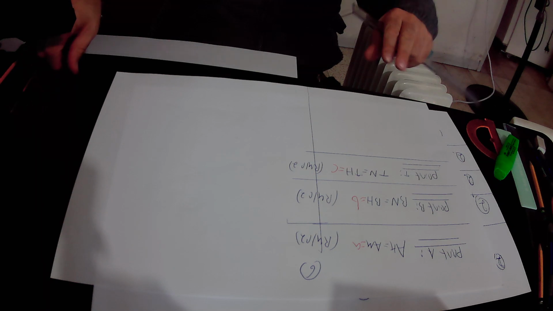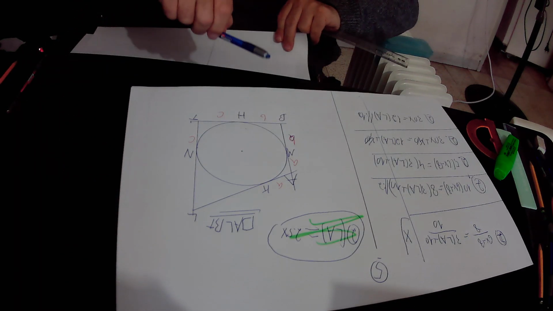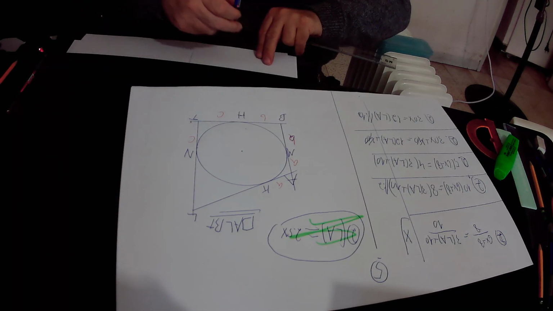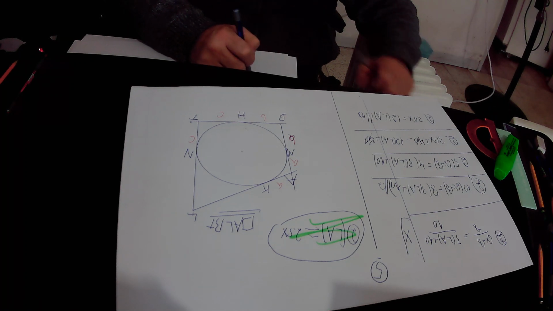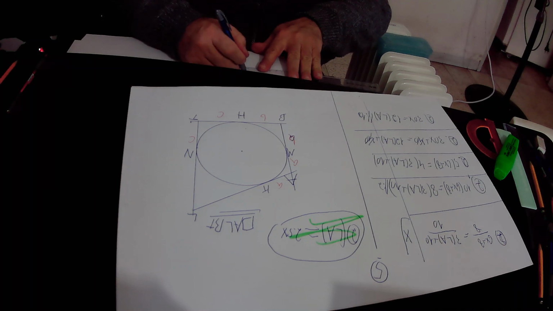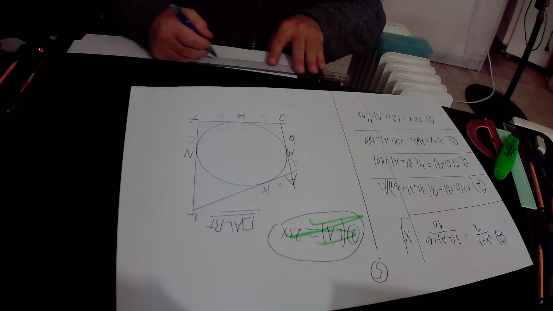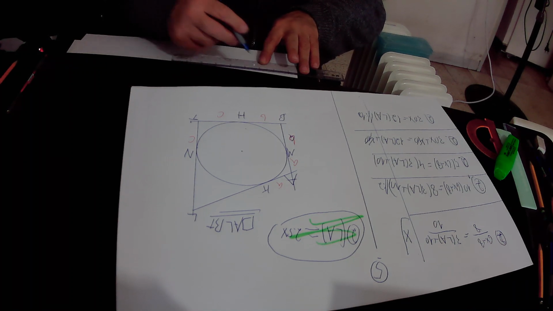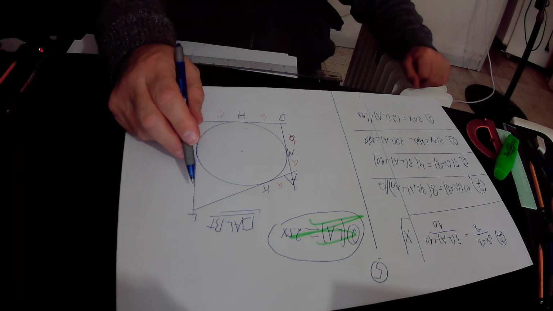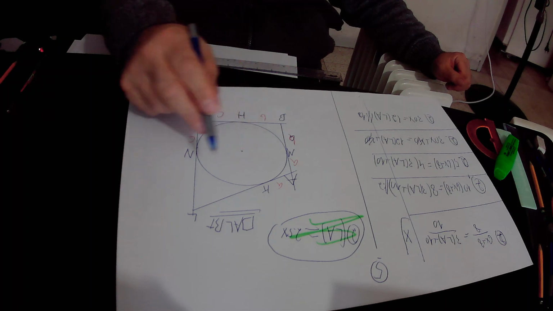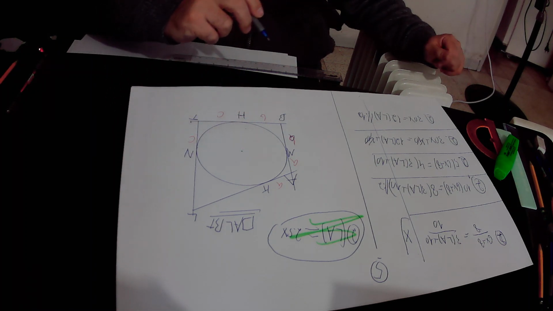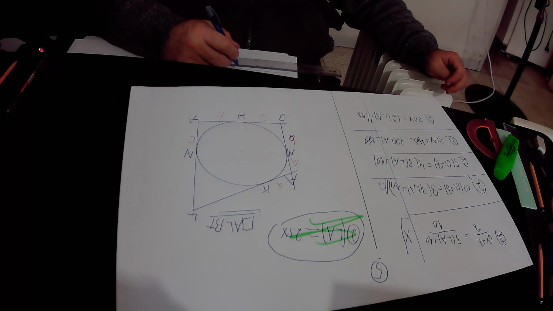And finally, we will focus on the common external point, point L. From point L, we have two tangents to this circle, tangent LK and tangent LN, and according to rule 2, they are equal to each other.